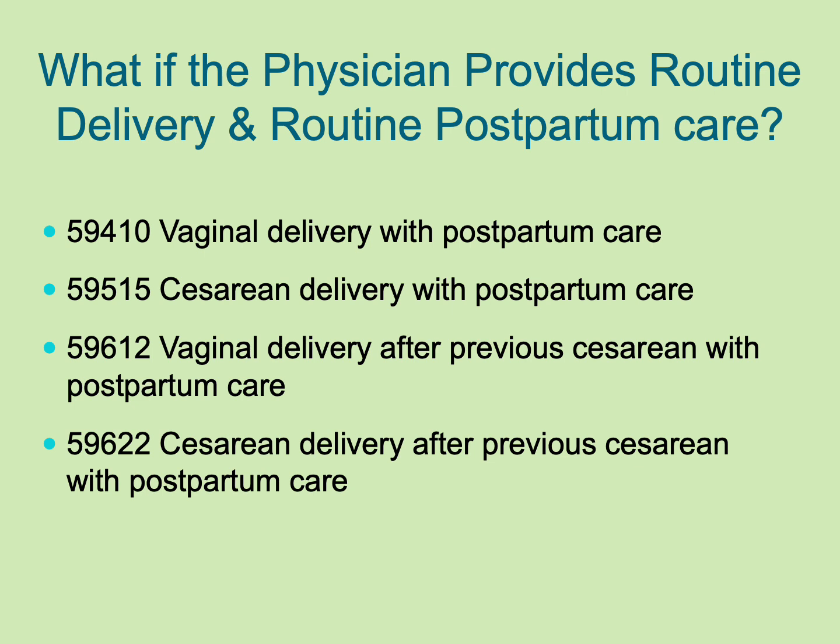And 59622, cesarean delivery after previous cesarean with postpartum care. So whatever combination of care that's not global, there's a way to report only the services that your physician actually provided.